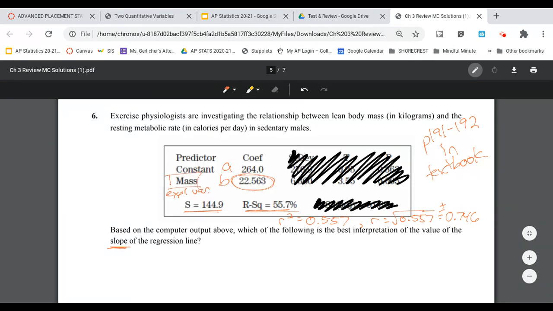Okay. So the slope, what's the best interpretation of the slope? Well, our x, our explanatory variable, is mass. And remember that slope is change in y over change in x. The y is not mass, it is resting metabolic rate.